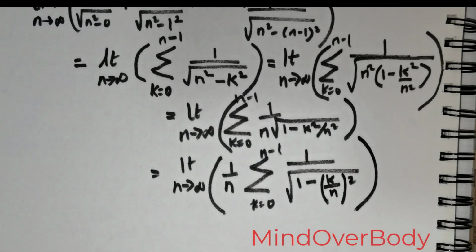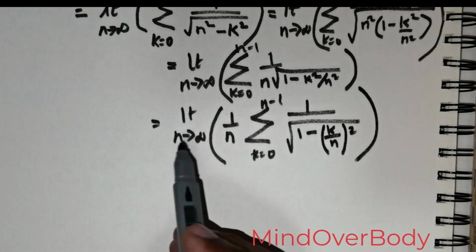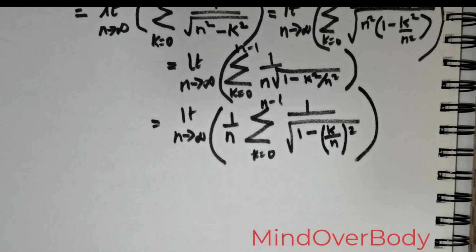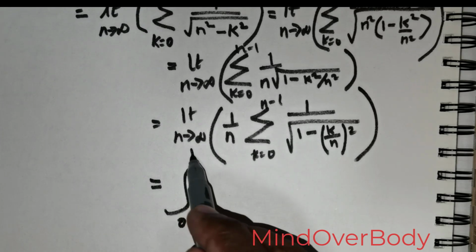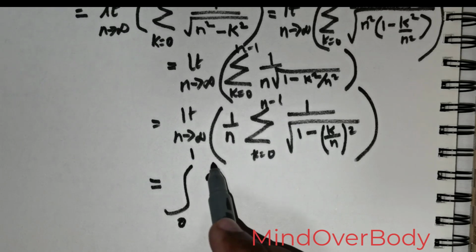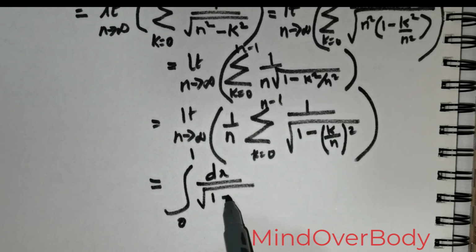This is the limit of a series, and it can be rewritten as a definite integral from 0 to 1 of dx over the square root of 1 minus x squared.